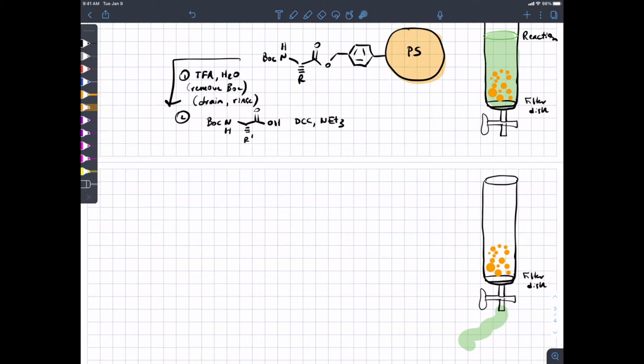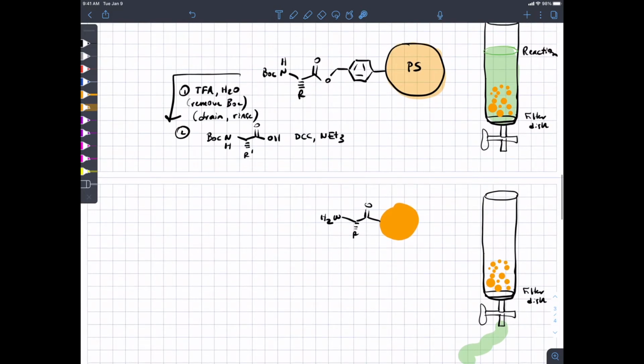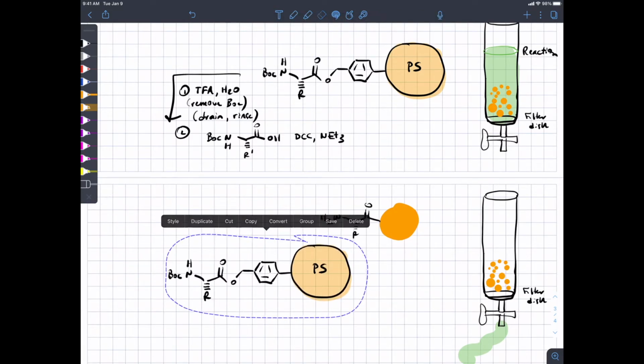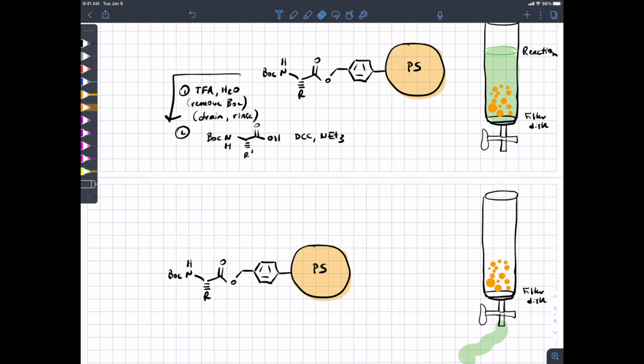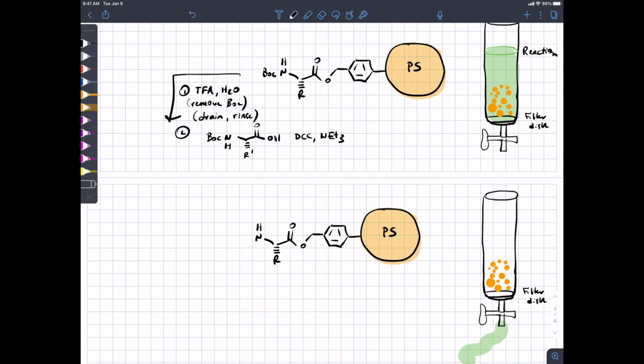That will activate the carboxylic acid and have it react with, after step one, what you have is your polystyrene bead with your amino acid on it and a free amino group. So that when you do these two steps, you've elongated your amino acid on the resin, and now instead of having just one, you've got the second one added.